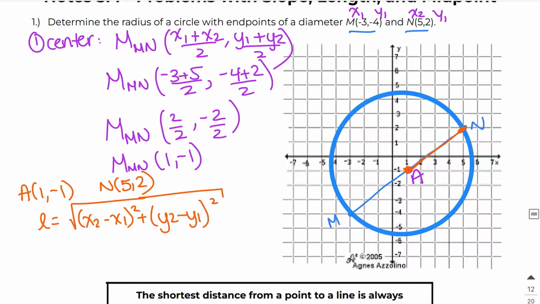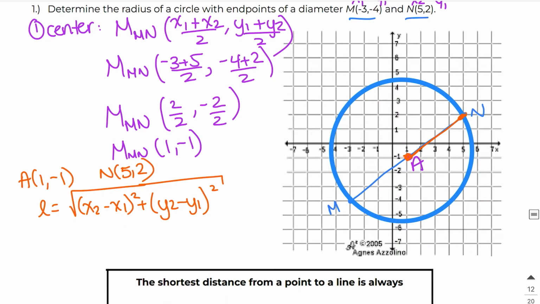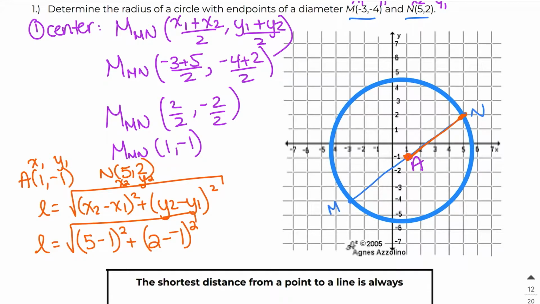Okay. So right here, my x1 is 1, my y1 is -1, my x2 is 5, my y2 is 2. So I'm just going to fill in all of that information. So x2 is 5, x1 is 1, 5 minus 1 squared, plus y2 is 2, and then I'm going to subtract a -1, and I'm going to square that.